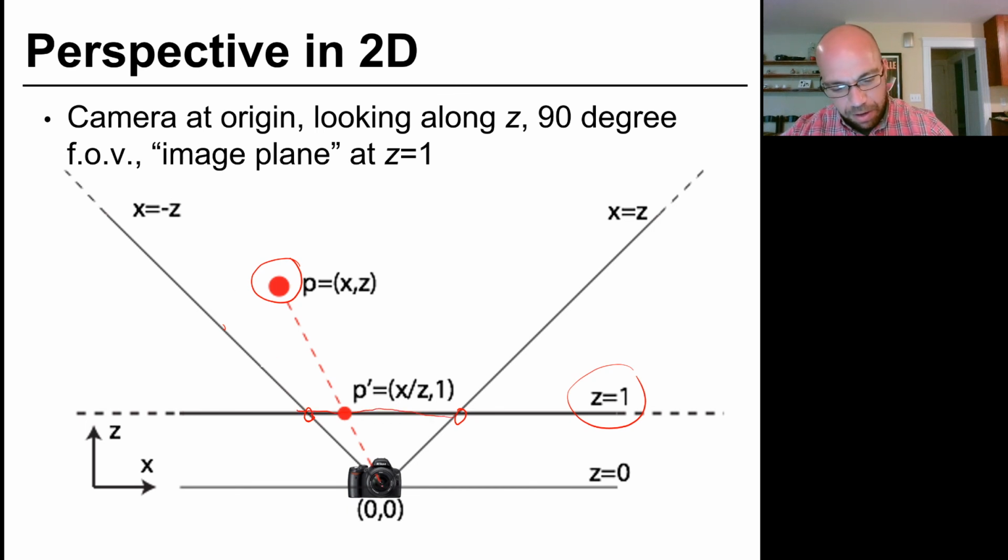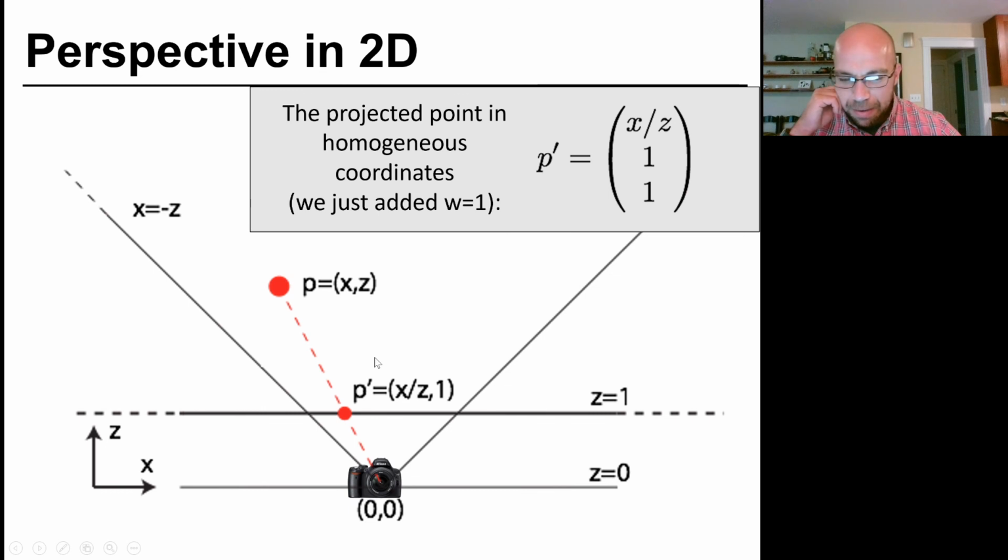In that case, I have to draw a dotted line, well, it doesn't have to be dotted, from my eyeball to the object in the scene, and I want to figure out its intersection with the screen here. And in fact, what you'll find is that that point is nothing more than taking the coordinate and dividing it by the depth. So let's write this in slick notation. The projected point in our homogeneous coordinates is x comma z. Maybe we haven't really talked about the y coordinate. Maybe we'll just leave it at 1 for now.